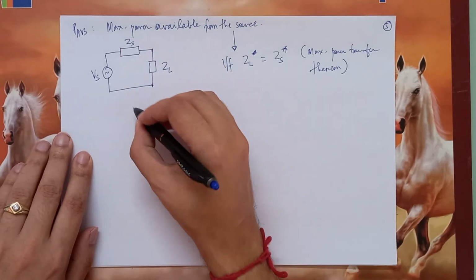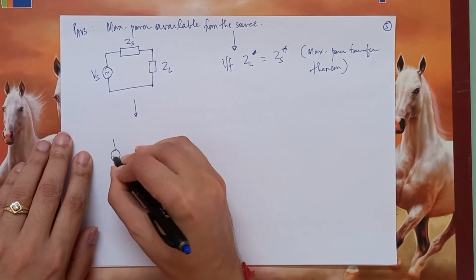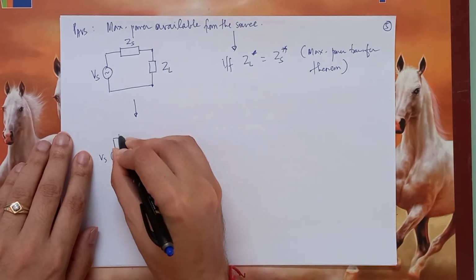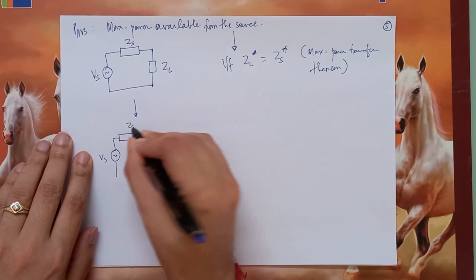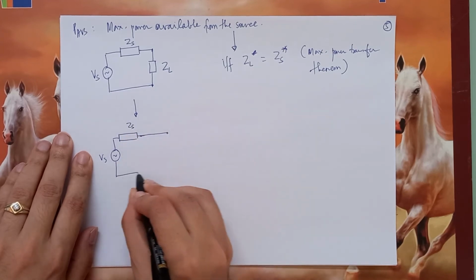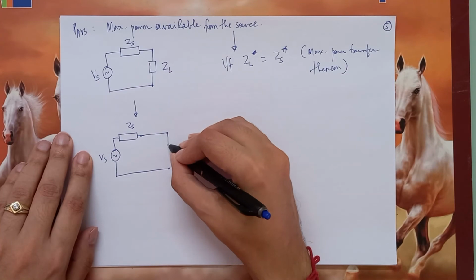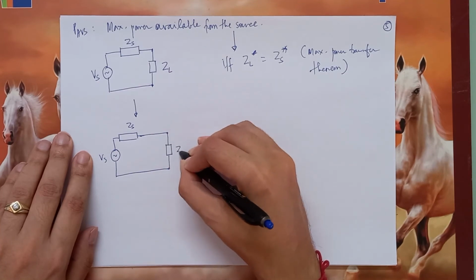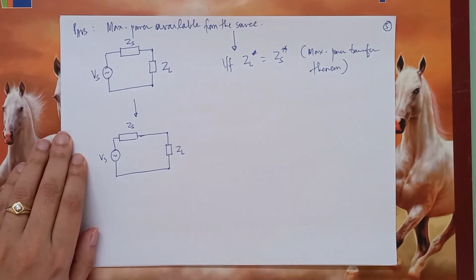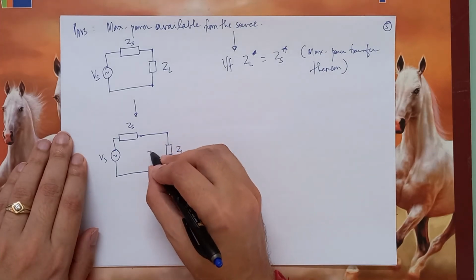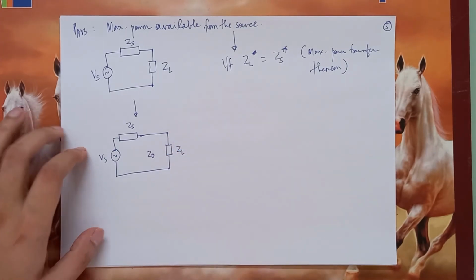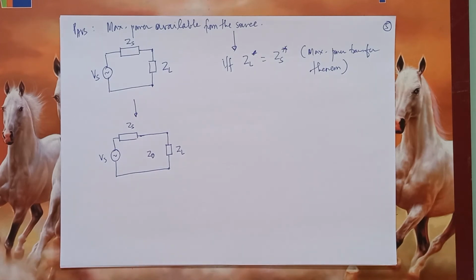So let us draw this in a slightly different way. Let's say this is Vs, this is Zs, and let us say there is a small transmission line which is connecting the source to the load. Let's say that that transmission line has some characteristic impedance Z0. So how can we analyze this?